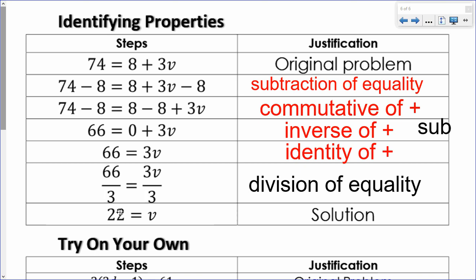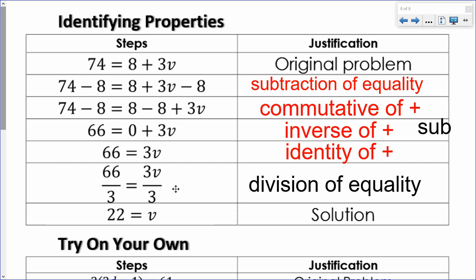And then what we did, again, here, 66 divided by 3, we replaced that with 22. So that's substitution again. But again, that's kind of the secondary one. The b side is what you want to focus on. We had 3b divided by itself and just got the b.